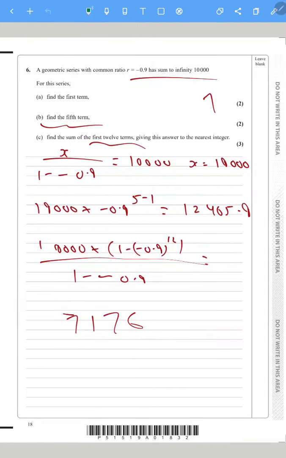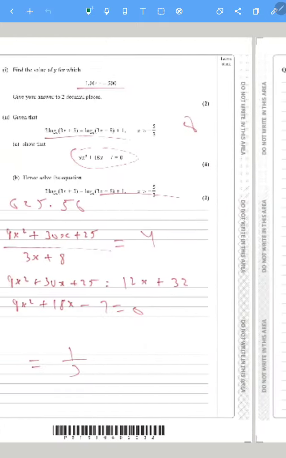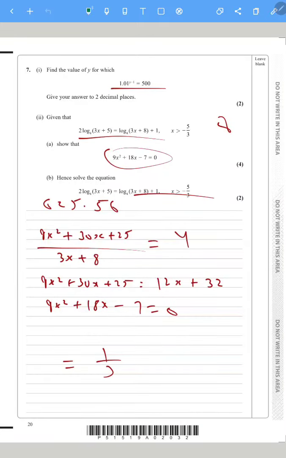I'll do a core 3 paper next time, but this was way too easy to actually be a challenge. 19000. Yep. 71. Oh, B, 12465.9 and C 7176. Yep. I'll do a core 3 next time. Or core 1 without calculator. That calculator can clutch.